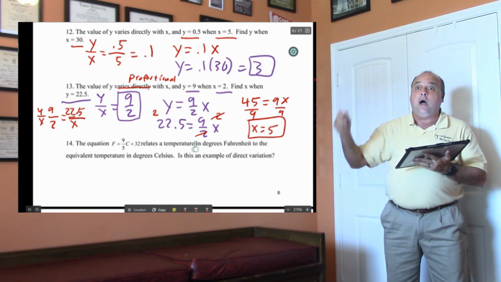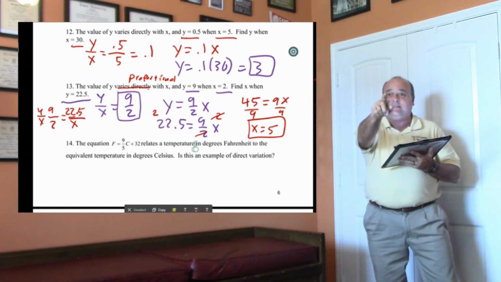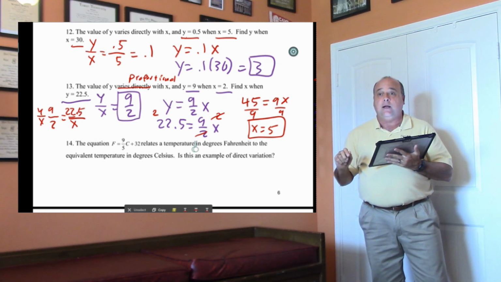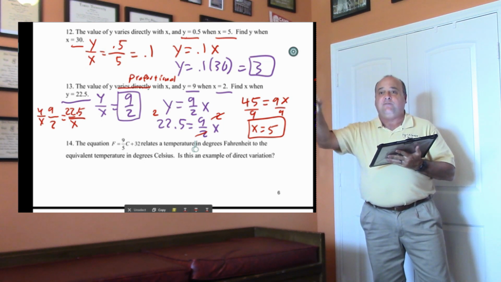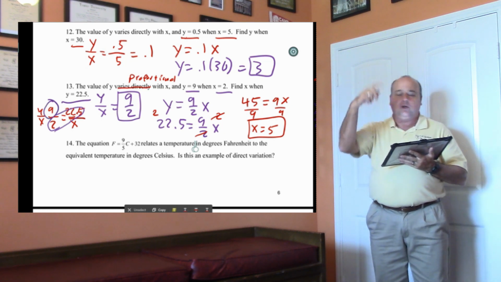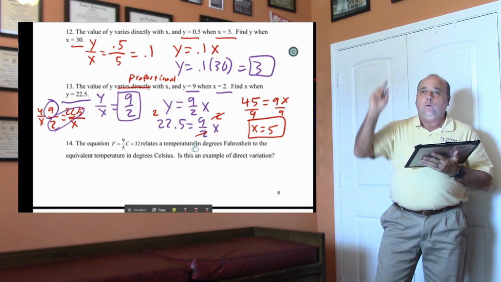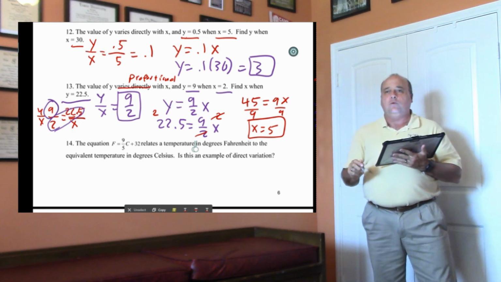If you did the bat and the ball, which you should not do, you would multiply 2 times 22.5 and divide by 9. That's exactly what I did to solve this problem, didn't I? I multiplied 22 and 5/10 by 2, and then I divided that answer by 9. You would cross multiply and divide by 9, wouldn't you? We did the same exact thing, but now we're using a direct variation equation.